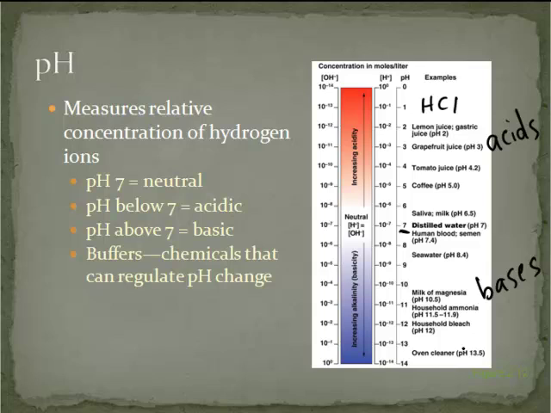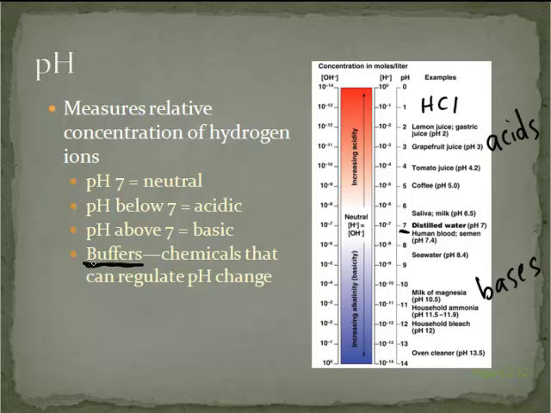So inside our body, we're trying to maintain a certain pH in order to maintain homeostasis. Different parts of our body may have different pHs. Notice in our stomach, we have a very acidic condition in order to carry out its functions. Our blood is basically neutral, and so we're constantly trying to maintain this pH in order to stay alive. So we have both acids in our body, we have bases, we have things called buffers.